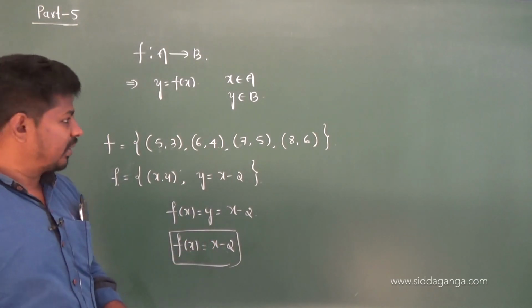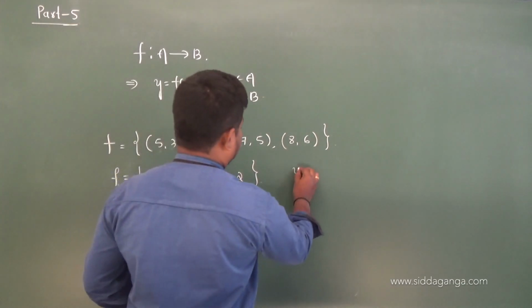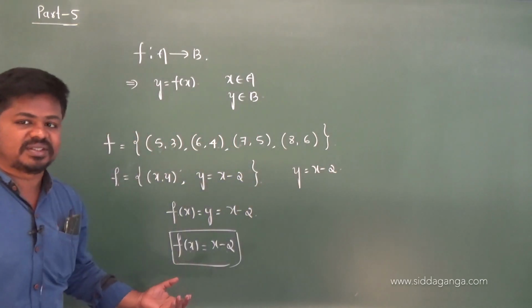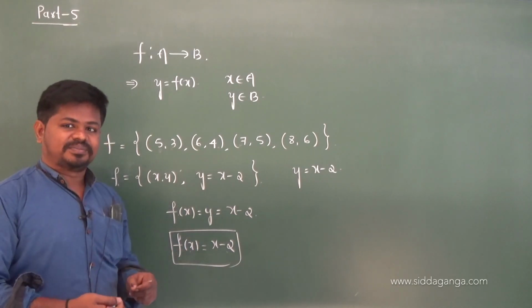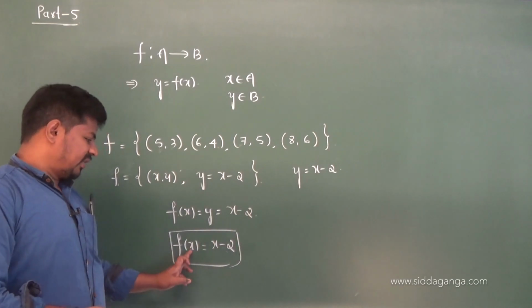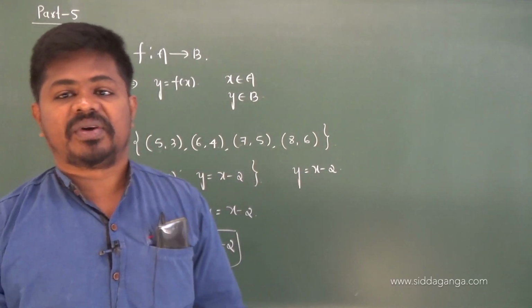So we represent a function by y, or sometimes you can write y is equal to x minus 2 also. But usually we write f of x as a function. We write y also, both are the same. f of x is equal to x minus 2 or y is equal to x minus 2 is the representation of a function.